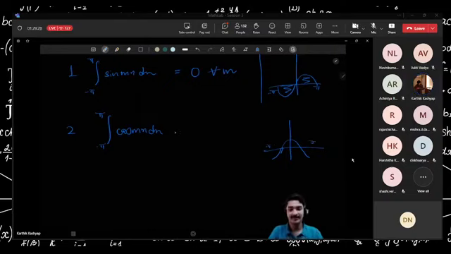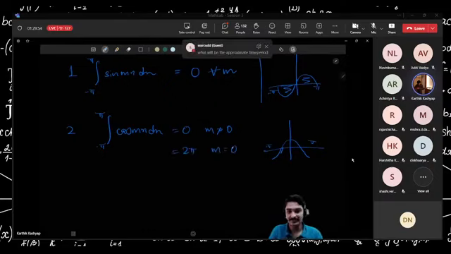But only in the specific case that m is 0, cos 0 will be equal to 1, in which case the integral of 1 dx from minus pi to pi will be equal to 2 pi. So we have to mention that specifically. So it is equal to 0 for all m not equal to 0, and equal to 2 pi when m is equal to 0. We will need these subcases later on.